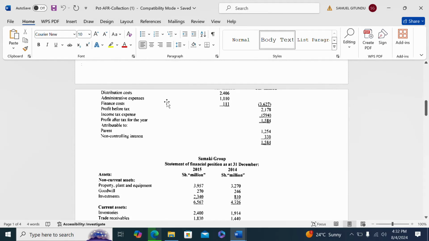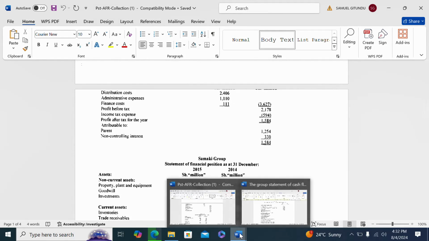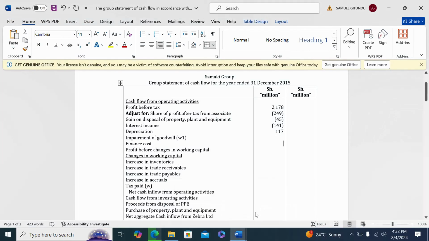I can see that the finance cost was 111 million. So we add it back. Then after adding all those items, we will get something we call profit before changes in working capital.